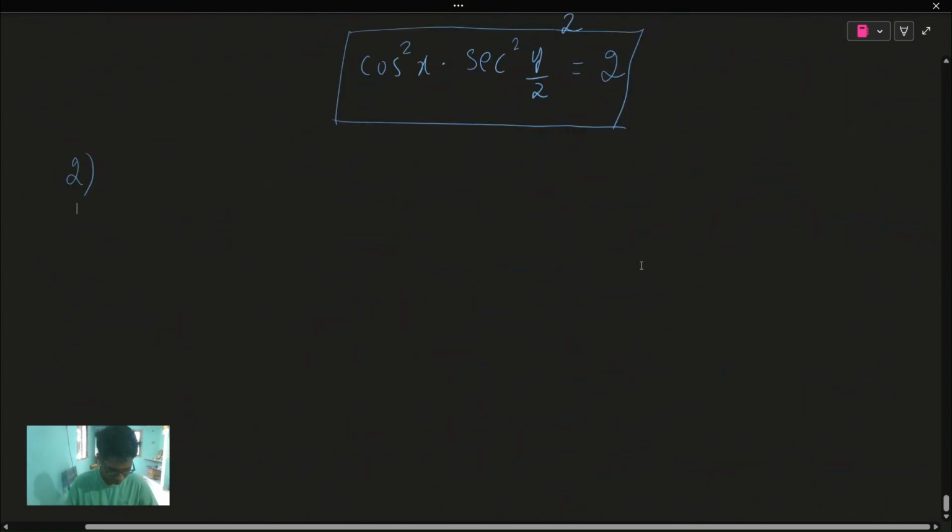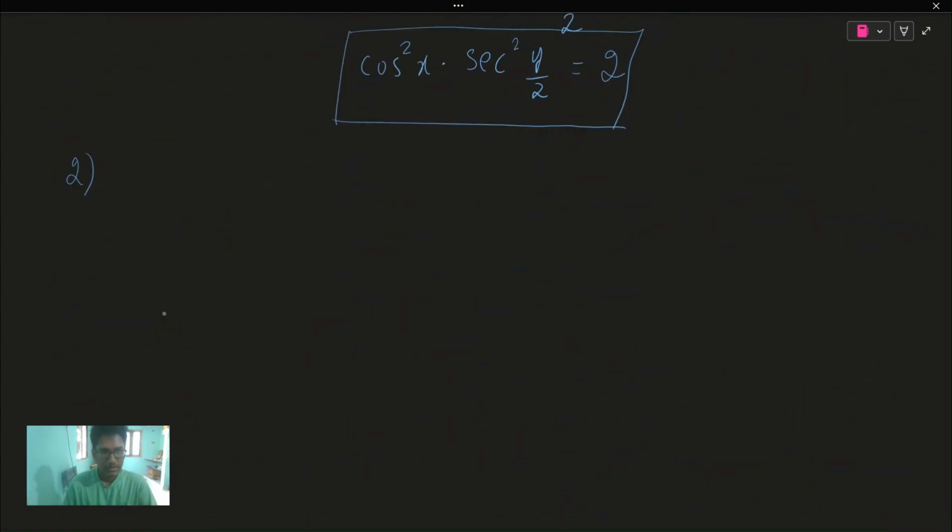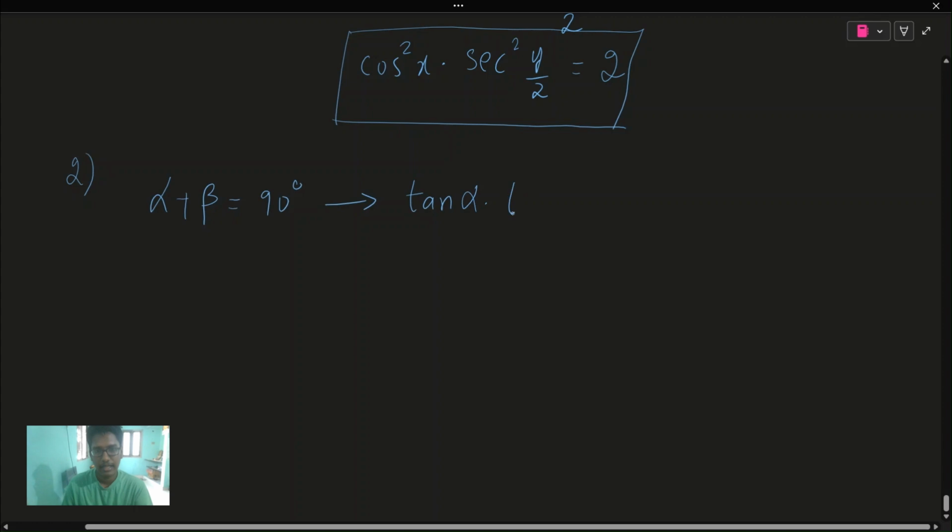Okay, interesting. So alpha plus beta equal to 90 degrees, which means tan alpha and tan beta multiplied together, I would get 1.